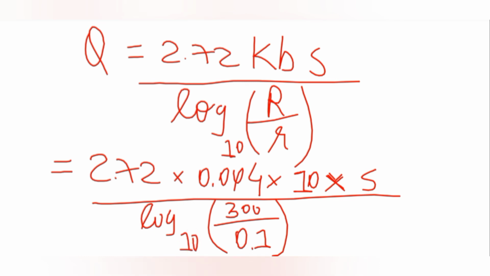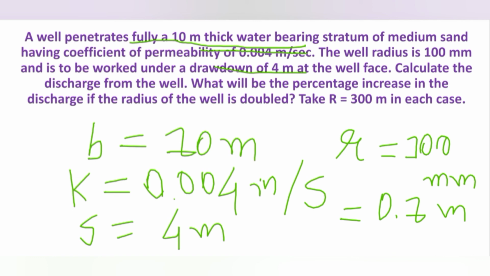On solving this, we get Q is equal to 0.125 meter cube per second. So the discharge from the well is 0.125 meter cube per second.